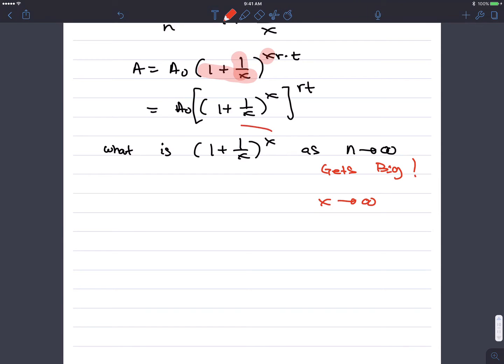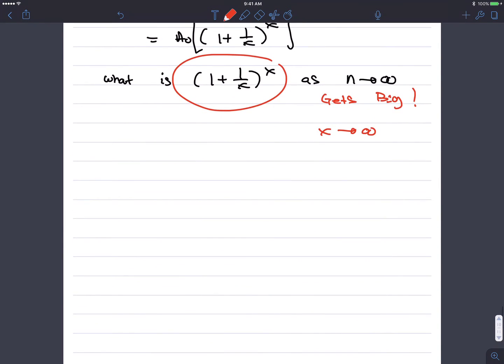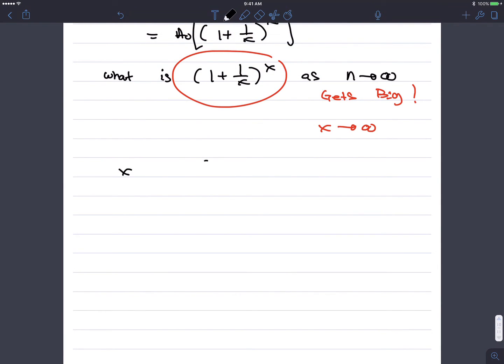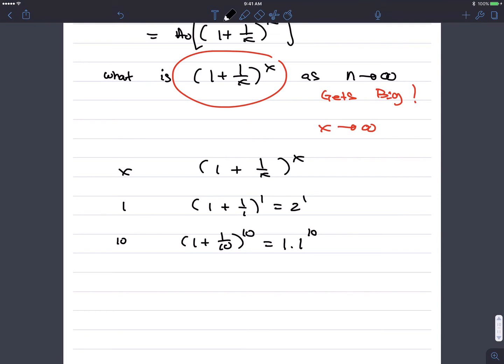Let's take a look at what this becomes. This is a classic demonstration. I have X here, and I have 1 plus 1 over X to the X power. When X is 1, I get 1 plus 1 over 1 to the first power, which is really 2 to the first power. You guys okay with that? Now I'm going to let X be 10: 1 plus 1 over 10 to the 10th power, which is 1.1 to the 10th power.